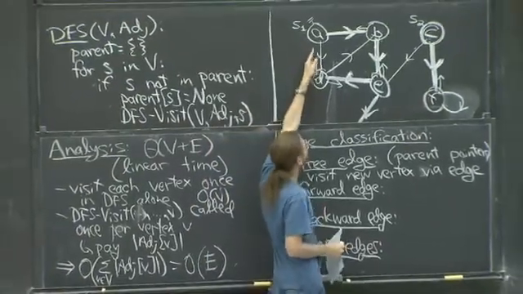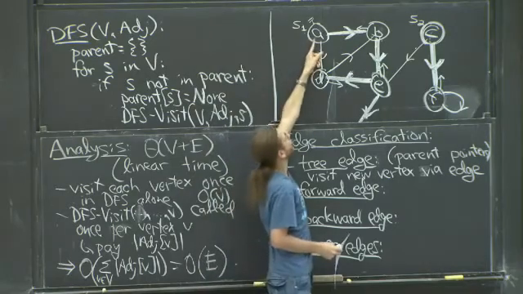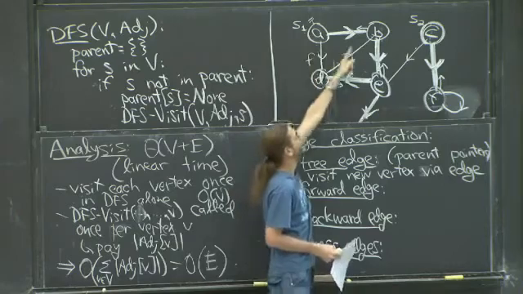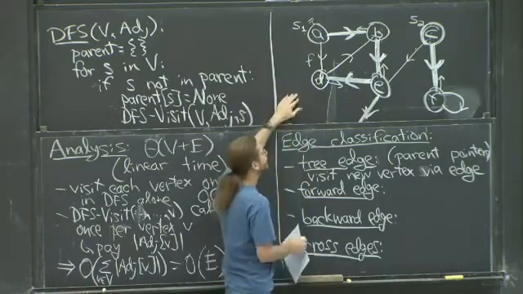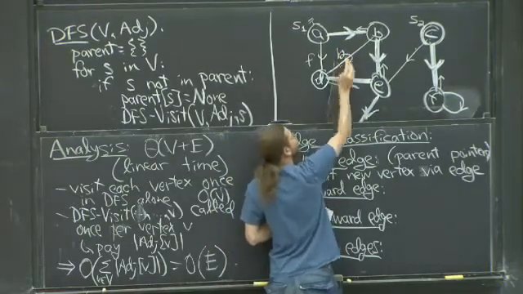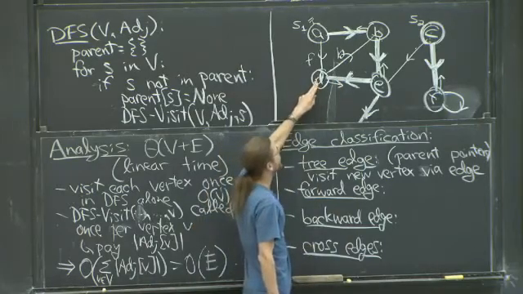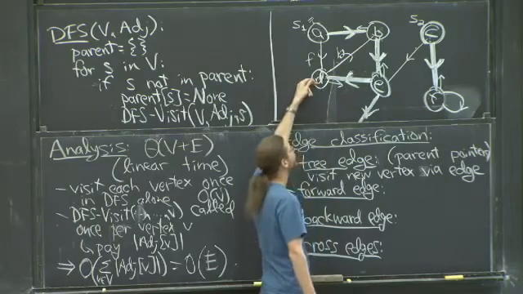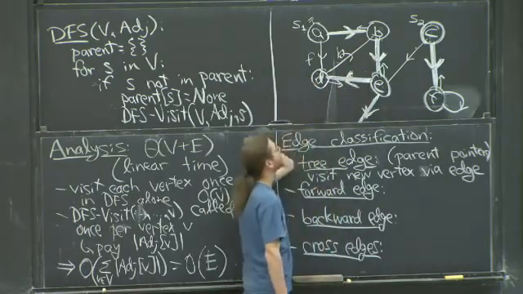Because it goes, in some sense, forward along the tree. It goes from the root of this tree to a descendant. There is a path in the tree from A to D, so we call it a forward edge. By contrast, this edge I'm going to call a backward edge because it goes from a node in the tree to an ancestor in the tree. If you think of parents, I can go from D to its parent, and that's where the edge goes. So that's a backward edge.